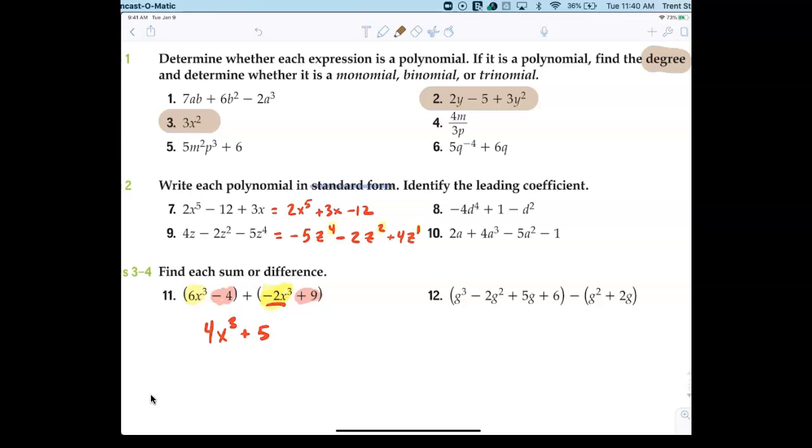Now here's where it gets tricky. If I was asking you about 5, you would say the degree is 5. Why is it 5? Because you're looking at the individual monomials.